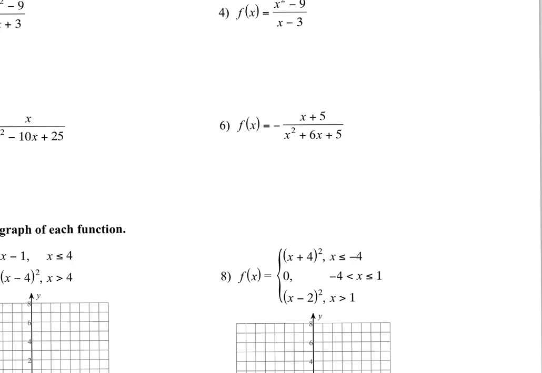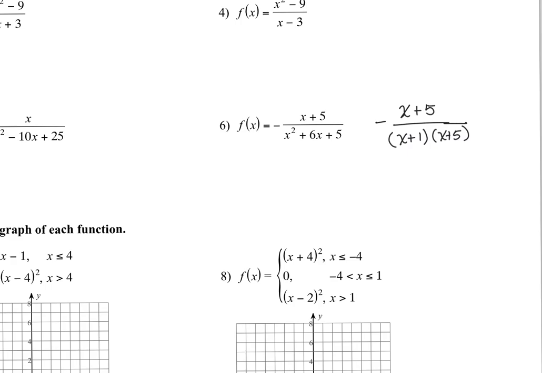If we look all the way down to number 6, when I have something that is a rational, just like when I was doing my domain, I'm going to want to factor the denominator. I need to factor the denominator to figure out if I have some issues, and I'm going to leave the numerator alone. For the denominator, I'm going to find factors of 5 that add up to 6. That's 1 and 5. So you're just doing basic factoring there.